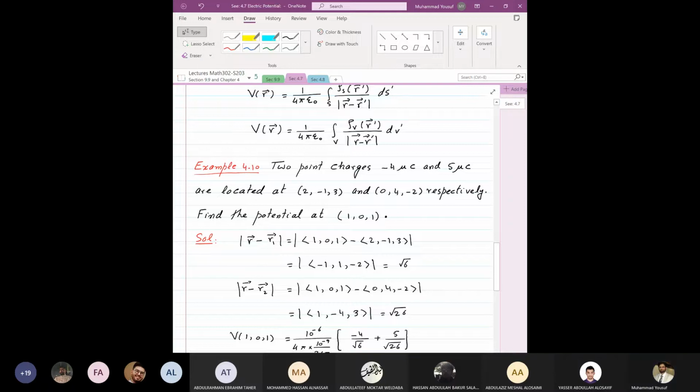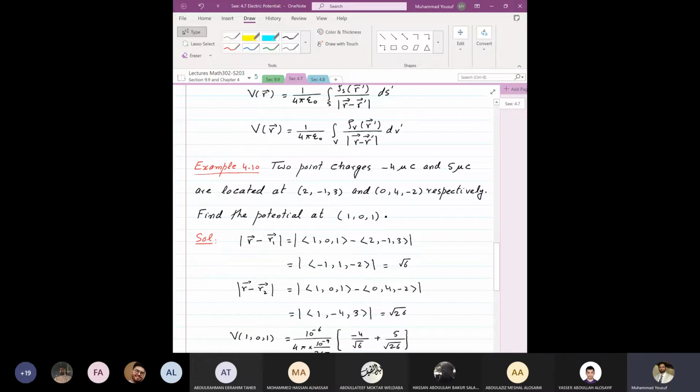(1, 0, 1) in round brackets means it is a point. (1, 0, 1) in angle brackets means it is a position vector. A point and a position vector have exactly the same components because the other point is (0, 0, 0).